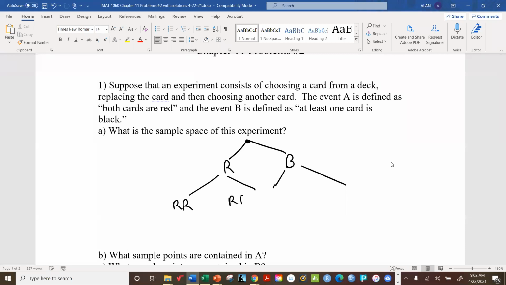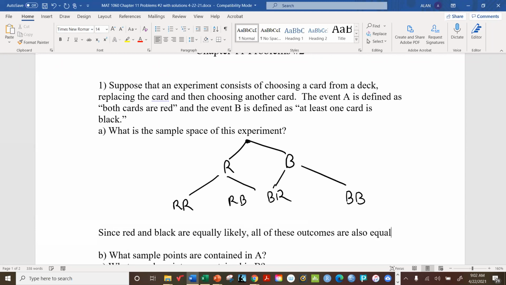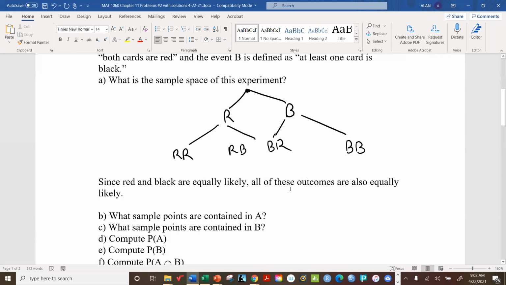RR, RB, BR, and BB. And so, again, because red and black are equally likely, all of these outcomes are also equally likely. In other words, you're just as likely to get two reds as two blacks, as red and black, or black and red. So keep that in mind as we're going along.